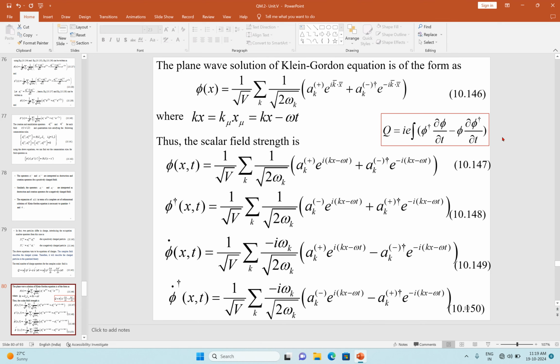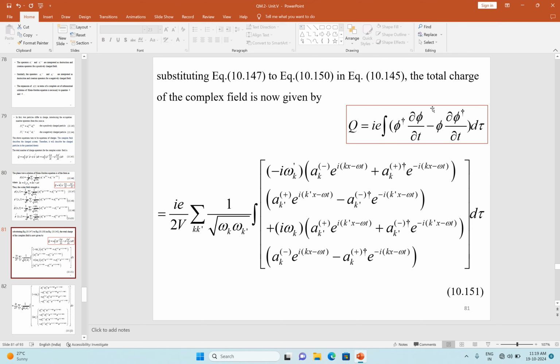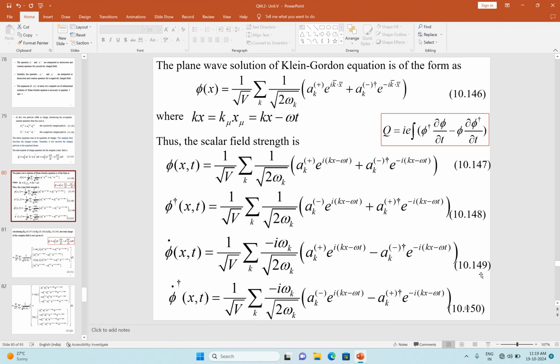Now substituting all four equations, 10.147 to 10.150, in equation 10.145, which is the total charge of the complex field, I will get iε divided by, see here, phi dagger multiplied by phi dot: equation 10.148 multiplied by equation 10.149.